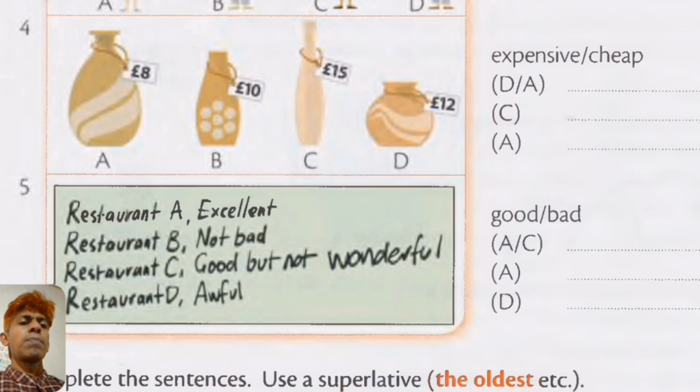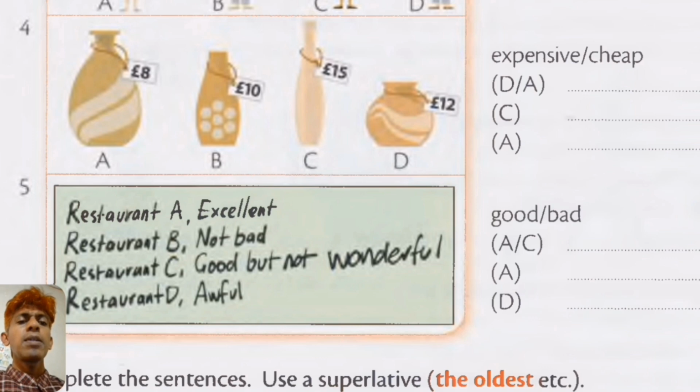Expensive, cheap. More expensive, cheaper. What are the superlatives? The most expensive, the cheapest.